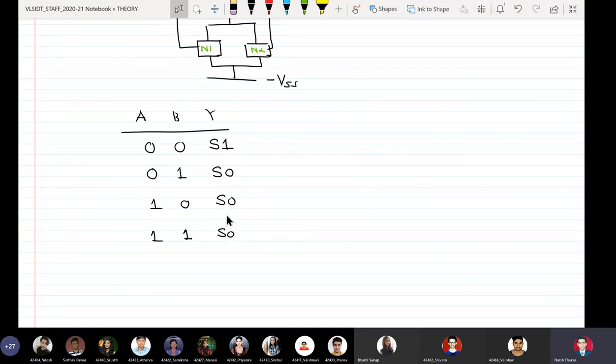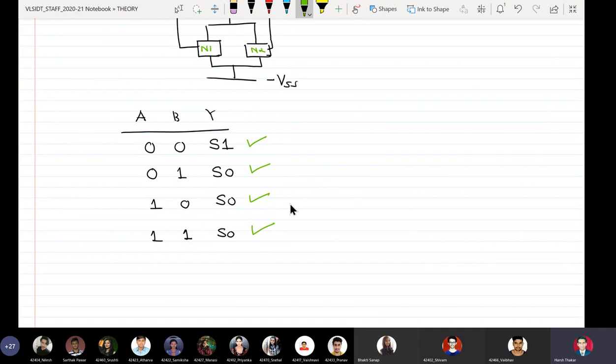I hope that this is the correct truth table for a NOR gate, right? So for OR gate it was 0 1 1 and 1. So it has to be 1 0 0 0, correct? So it is correct.